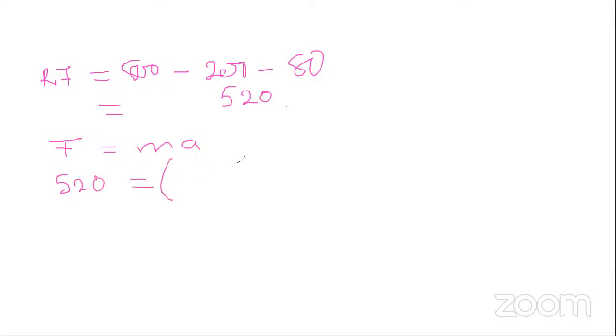They had different masses, so we add them and multiply by the acceleration. Later we divide and get the value of A.